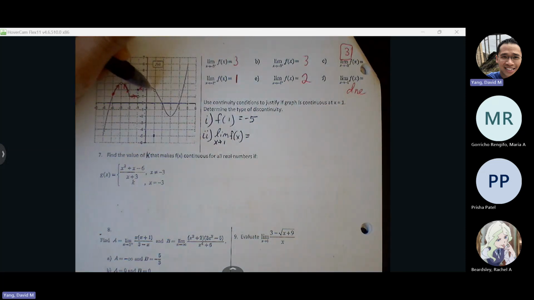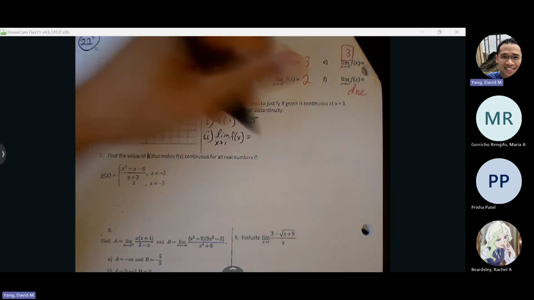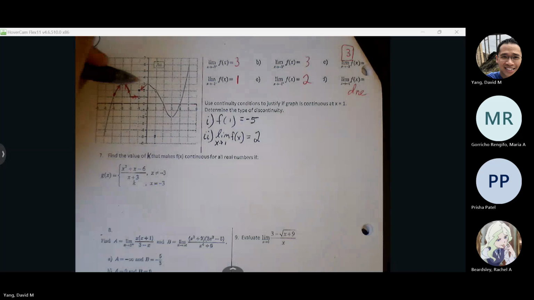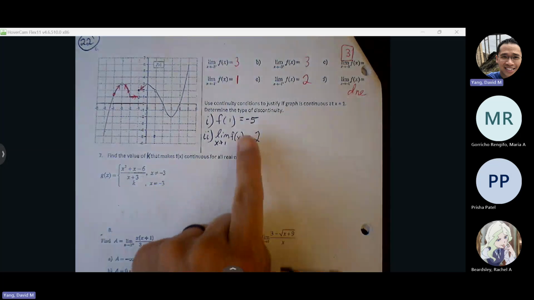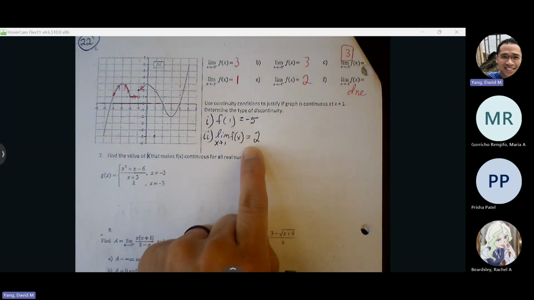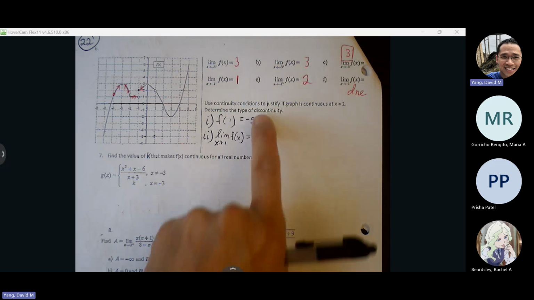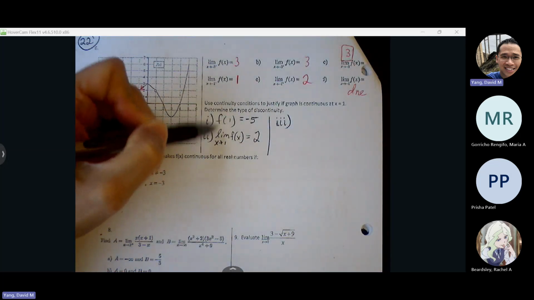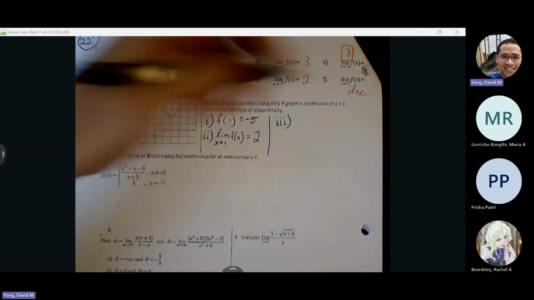And then we keep going. We haven't failed the condition yet. The third condition will fail because these two are not in agreement. So we want to use indications of function notation and limit notation.